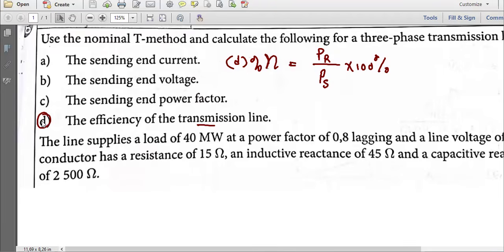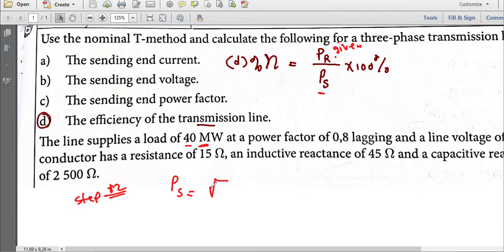We were already given the receiving end in megawatts. What we do not have is the sending end. As we have been calculating values of the sending end, we are also forced to calculate the power on the sending end. This is part of our step 12: calculation of the sending end power.